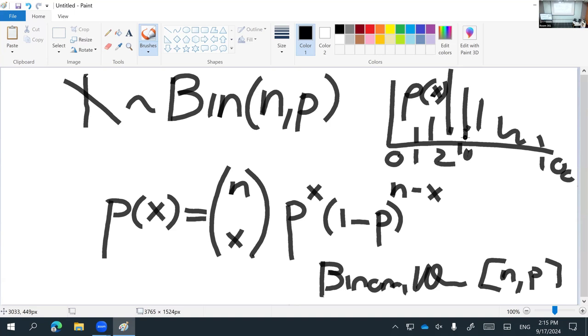Now, if I did this and I measure the data, I accumulate the data and I plot the histogram, it would look like my P of X. It wouldn't match exactly, but it would look close to it.